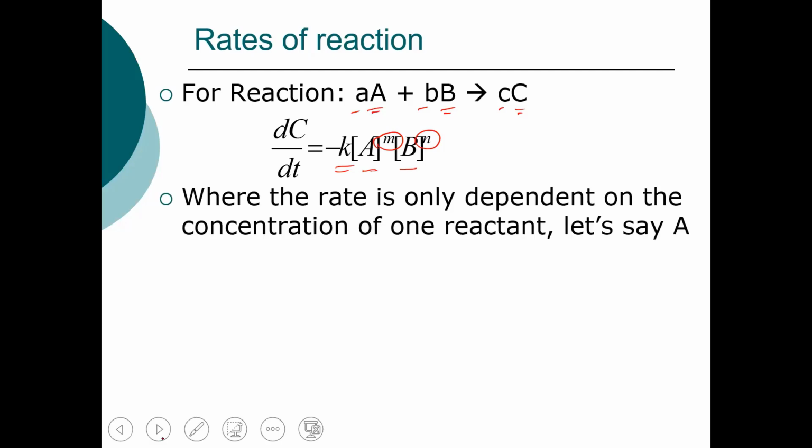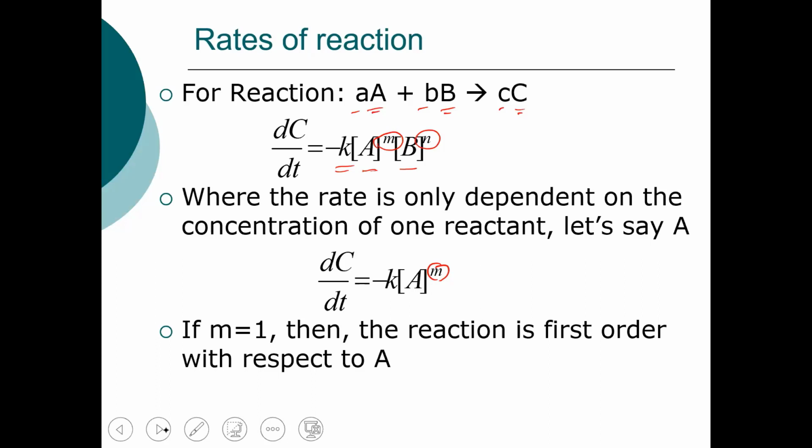Now, if the rate is only dependent on one reactant, let's say A, we can write a more simplified expression. We still do not know M unless we experimentally determine M. For those of you in 480, you'll actually do an experiment where you will determine the rate kinetics.